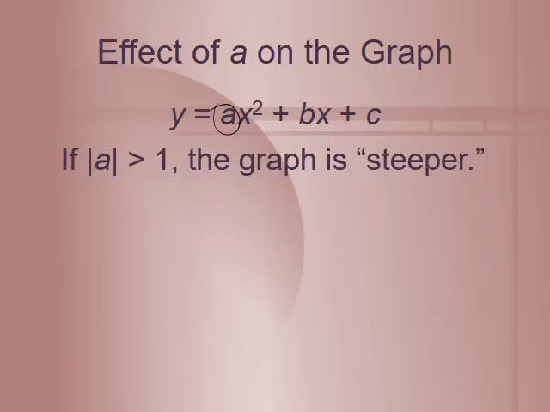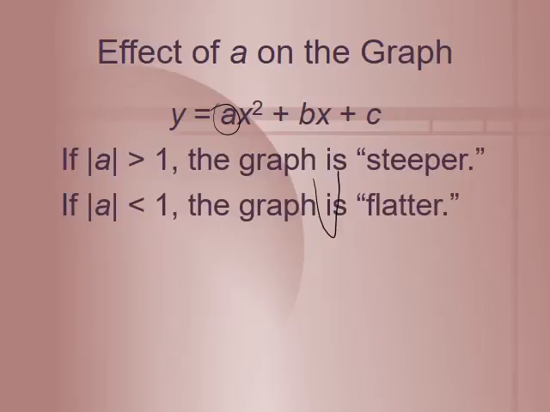When we look at that number also, if its absolute value is greater than 1, so whether it's negative or positive, then it's going to be more steep, whereas if it's less than 1, it's going to be more flat or wider.